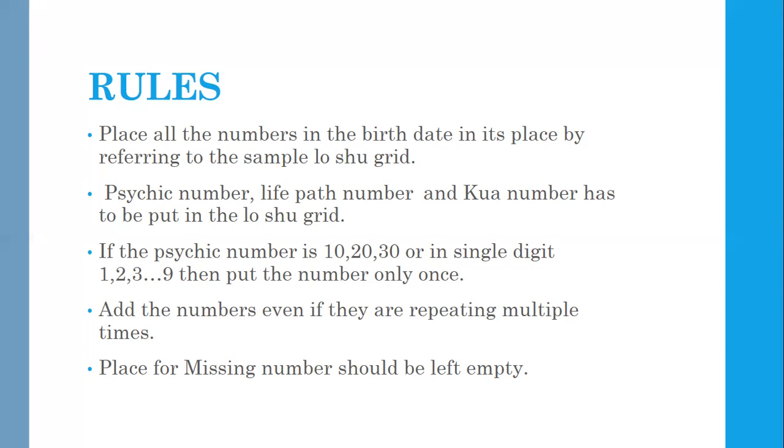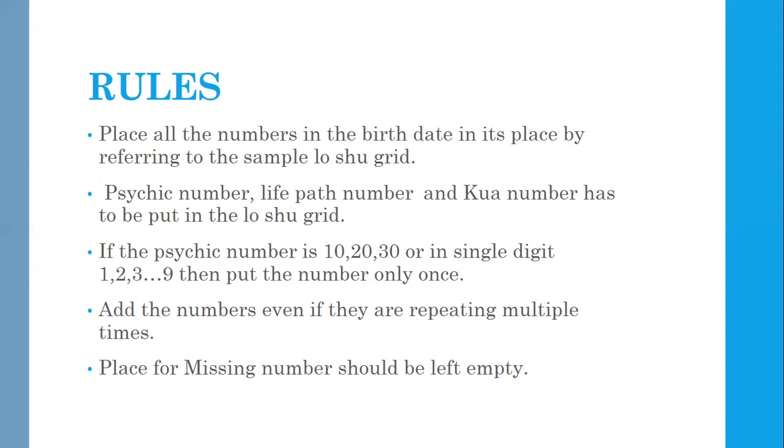Add the numbers even if they are repeating multiple times: 2 times, 3 times, 4 times, 5 times. Places for missing numbers should be left empty. Nothing to worry about this.